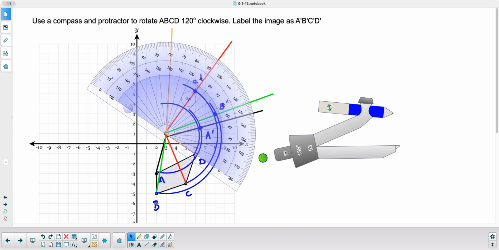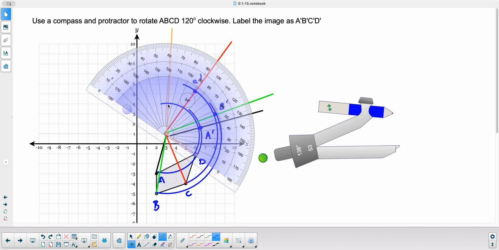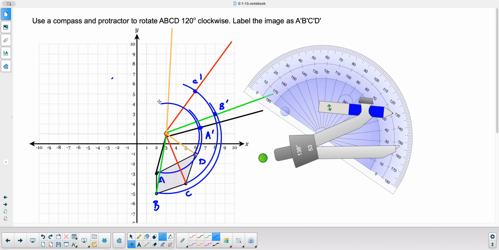And there it is, right there where it intersects. So here's my new figure, rotated.